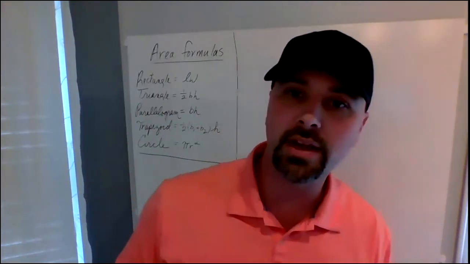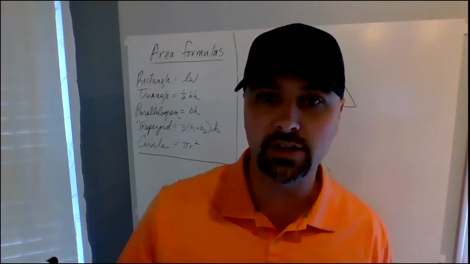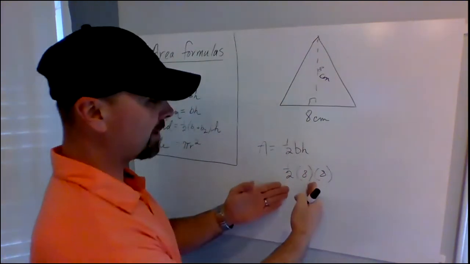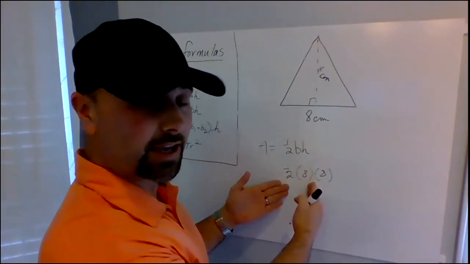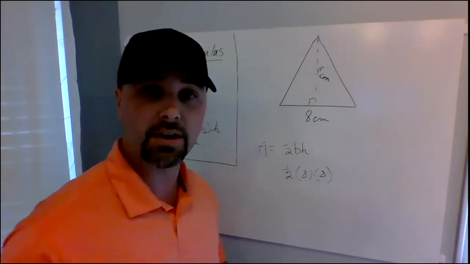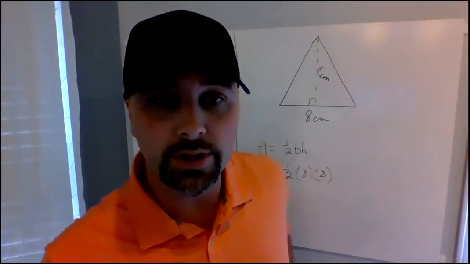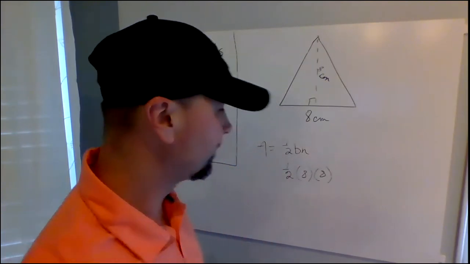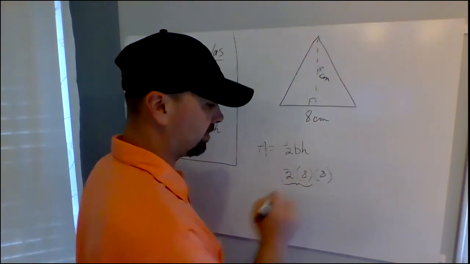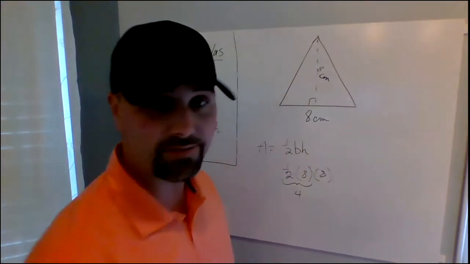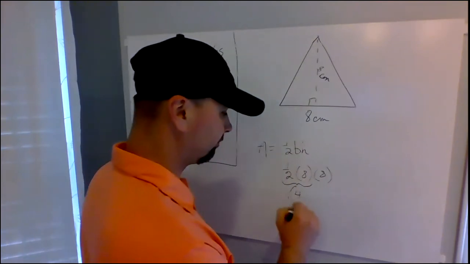Now, one thing you may or may not know or remember about multiplication is you can do it in any order. I can start by multiplying the 1/2 times 8, or I could start with multiplying the 8 times 8. Doesn't matter. As long as I multiply the three numbers together, I'm going to get the same result, same product. So I'm just going to start here. 1/2 times 8. Half of 8 is 4.